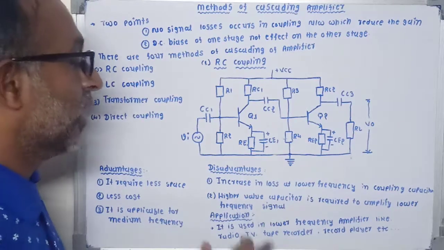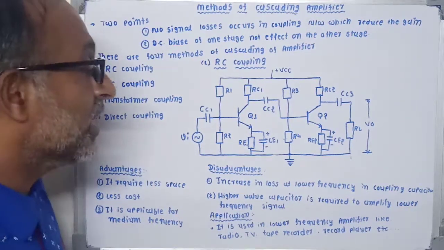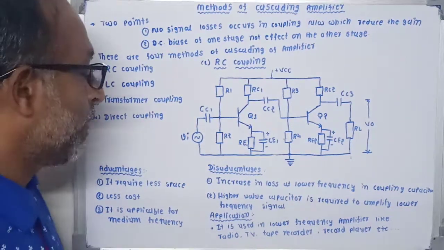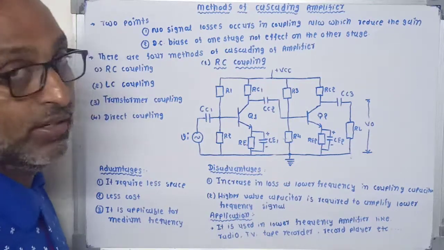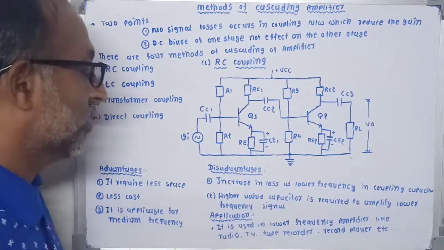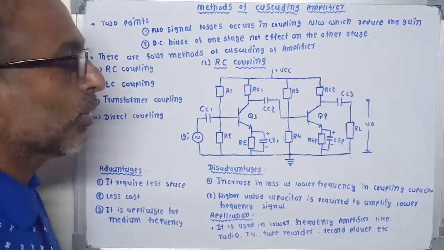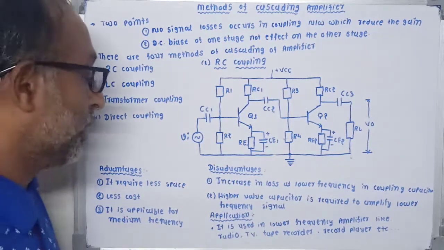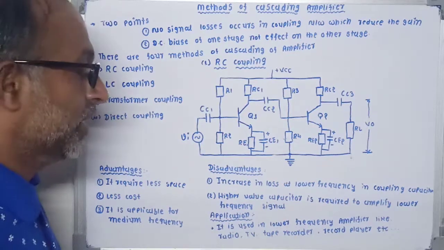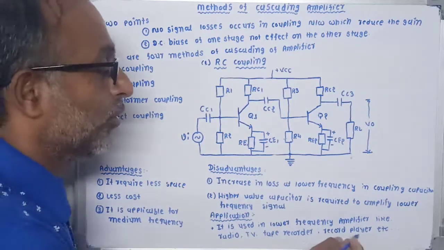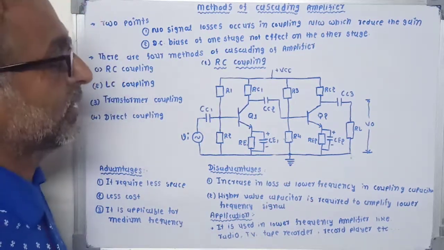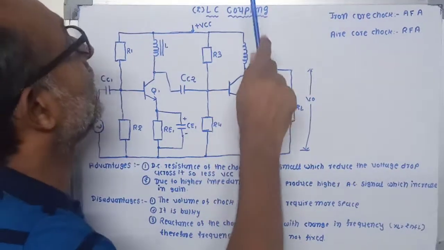And second, a higher value of capacitor is required to amplify the lower frequency signal. Then the application. This type of coupling is widely used in lower frequency amplifiers like radio, TV, tape recorder, record player, etc.